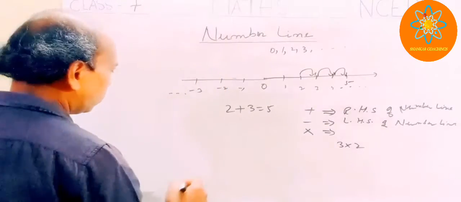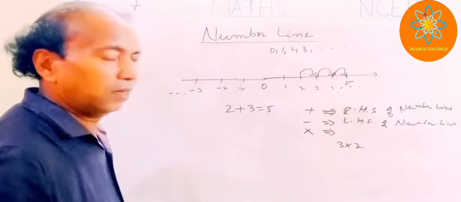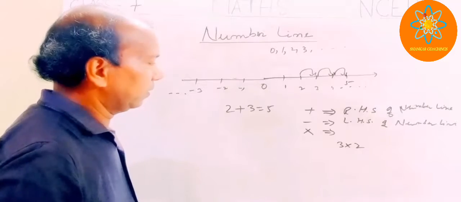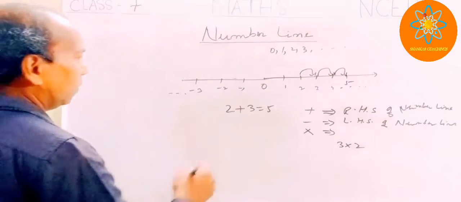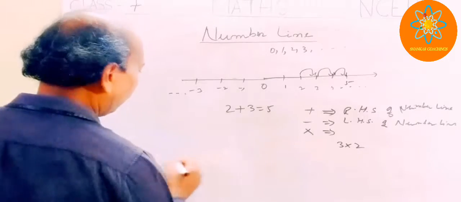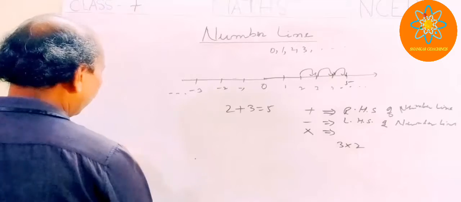So first of all, for the multiplication case, we want to find this value using the number line. So for this multiplication, first of all, I will draw the number line.